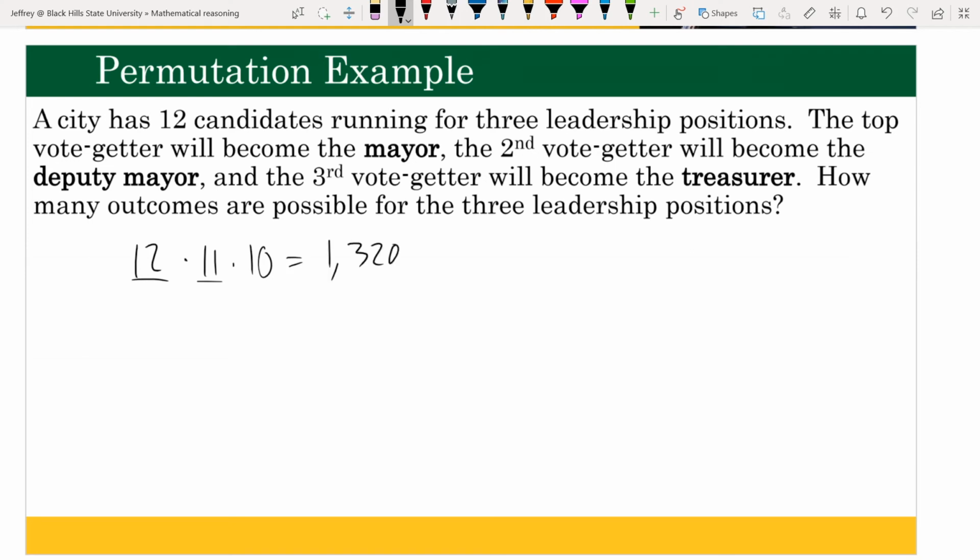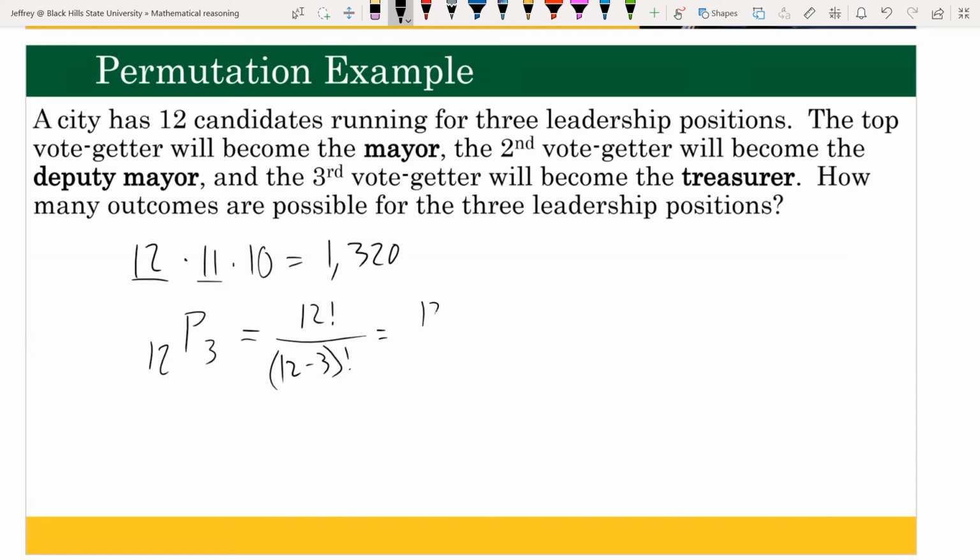However, if I use the formula, I'd write it as follows. I'd have 12 permute 3. That's how we say that we have 12 things to select from, and we're only selecting 3 of them in a permutation. So 12 permute 3, using the formula, is 12 factorial divided by (12 minus 3) factorial.